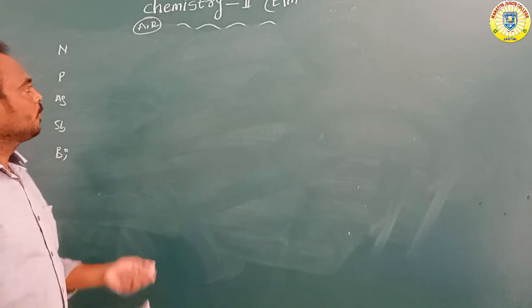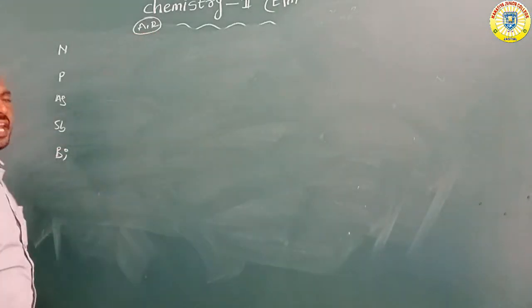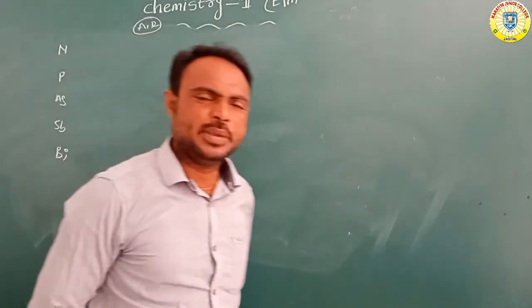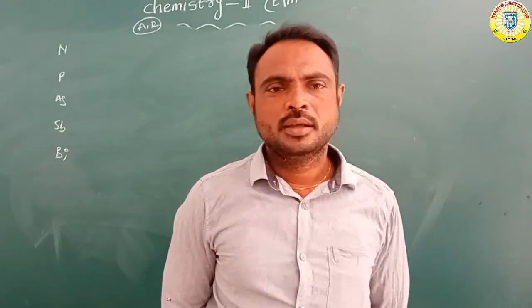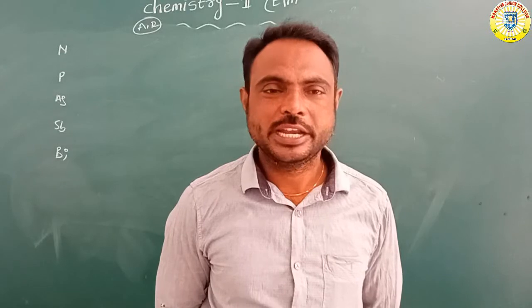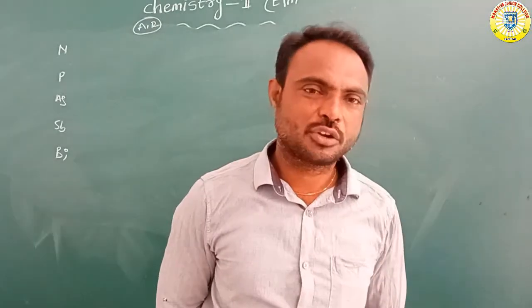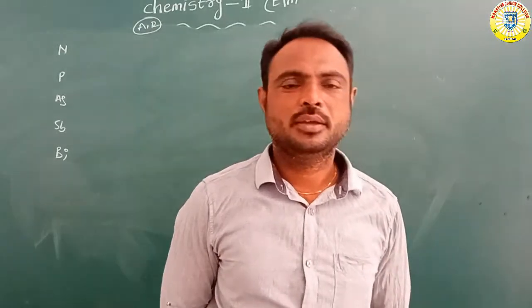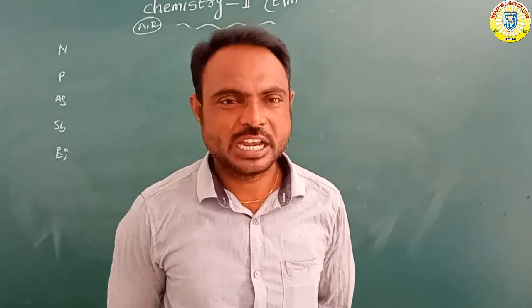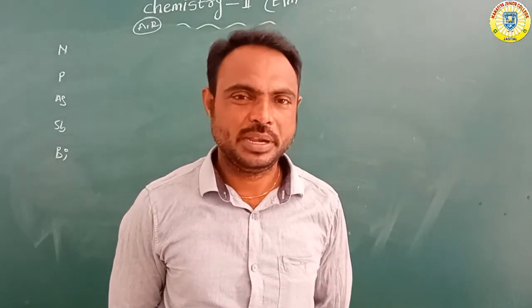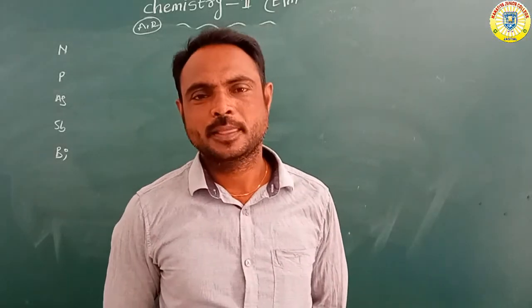Atomic radius, as we already know, is the distance between the center and the outer shell electron. Atomic radius is indicated in centimeters, millimeters or angstrom units.